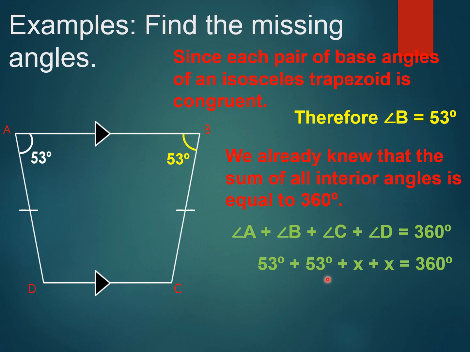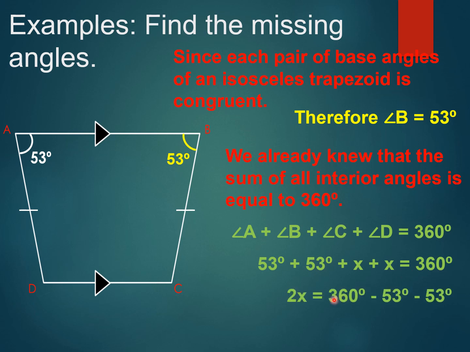Then we're going to represent angles C and D by x. So we can write plus x for angle C and plus x for angle D, since they are equal. So we can just use the same variable as the representation. Then equate it to 360 degrees.